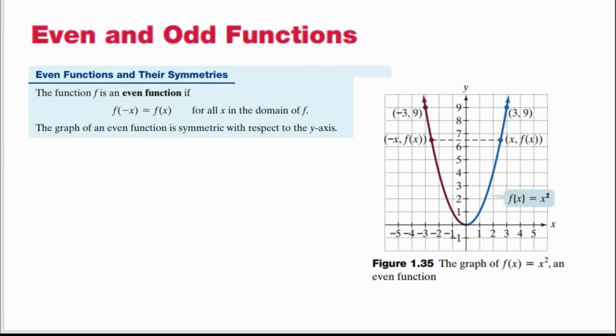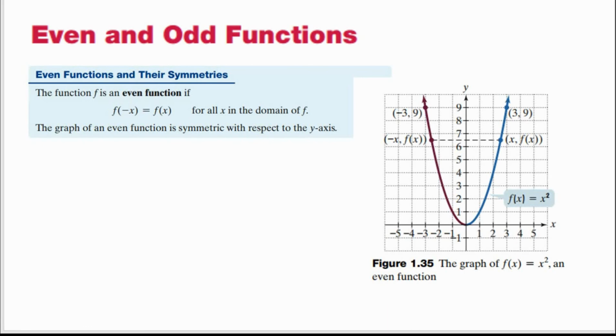Even and odd functions. The cool thing about even and odd functions is that you're still talking about symmetry with respect to the x-axis and the y-axis, just in a different way of saying it. I like to think about an even function in terms of, like, if the leading term is x squared, or if that power is even, but if the power is odd, we're typically talking about an odd function.